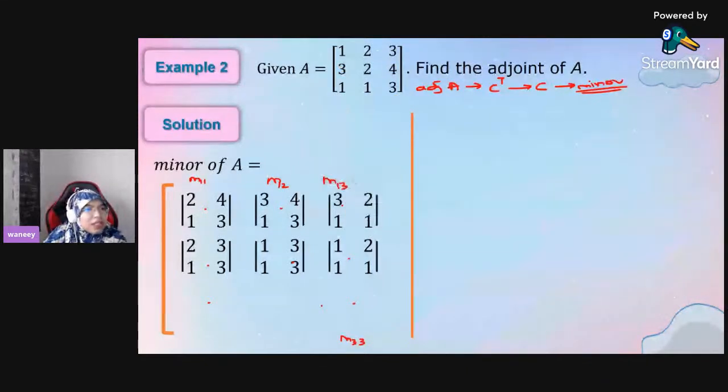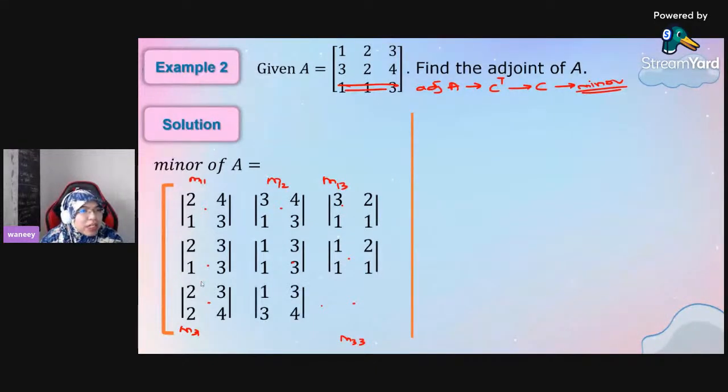Deleting the third row, first column, this is M31, so 2, 3, 2, 4. Third row, second column: 1, 3, 3, 4. Third row, third column: 1, 3, 3, 2. So that is how we calculate the minors. And then of course, close the bracket.